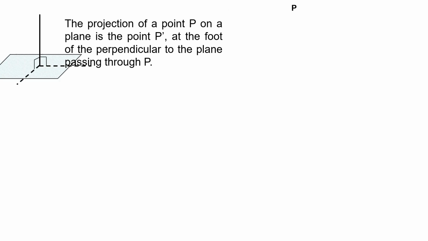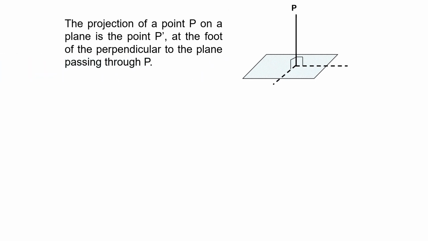You have a point P and you need to identify the location of the projection of the point on a plane. So this is point P, and this is the plane, which is light blue in color.